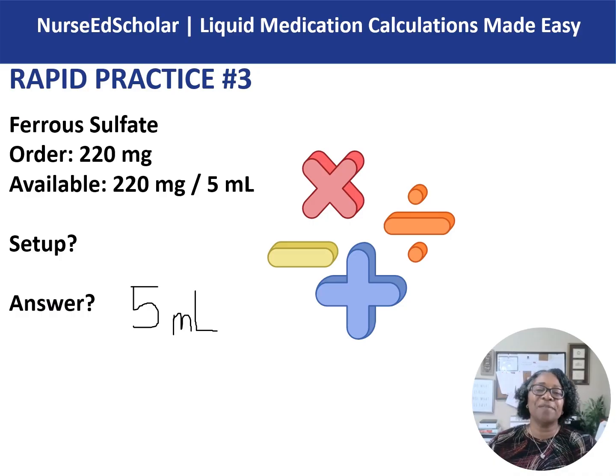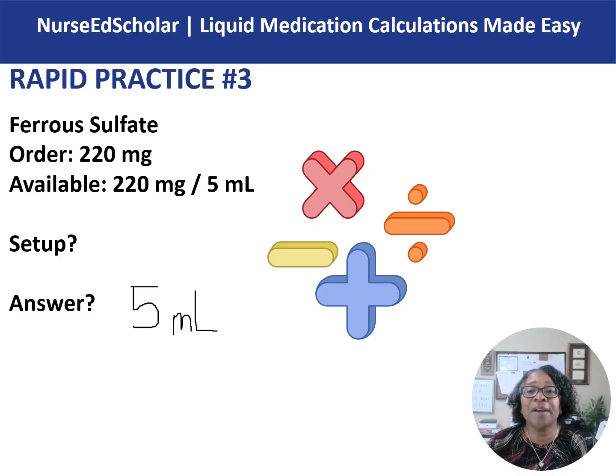All right. So the answer is 5 milliliters. 220 divided by 220 is 1. 1 times 5 is 5. So you're going to give your patient 5 milliliters. One thing to know when you're giving ferrous sulfate, you want to check the patient's history. Do they have a history of anemia, GI tolerance?